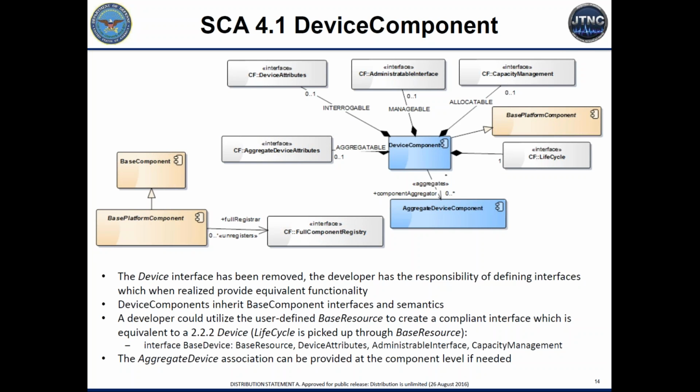So now we just have that device component, which uses the base component structure that you heard of, and there are a new collection of interfaces which provide similar functions to the device interface that existed in SCA 222.